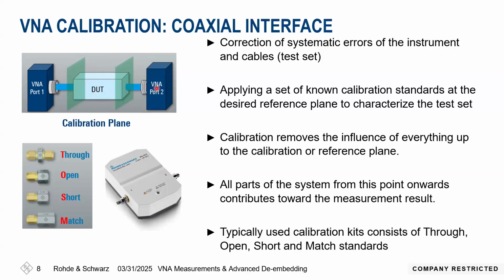For this, we perform the system error correction so that any internal component effects of the VNA and the cable effects or the connector effects could be taken care of. So usually we do this with our calibration standards: open, short, through and match. And these standards are known data, and all this known data is actually inside the vector network analyzer.